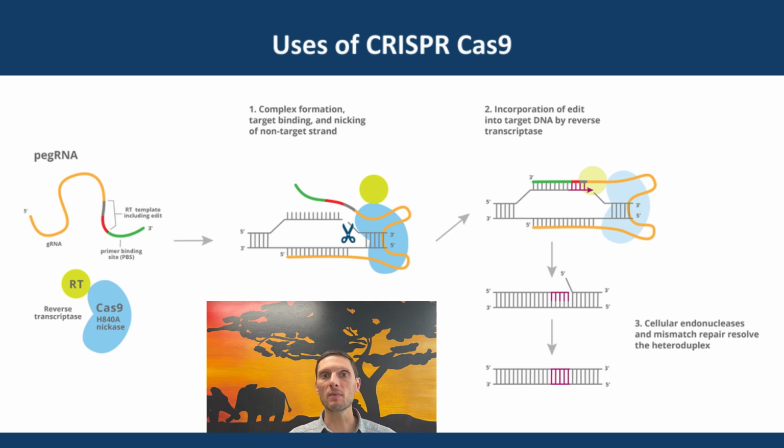The Cas9 molecule is made with modifications. Reverse transcriptase is an enzyme that is attached that can assemble a strand of DNA nucleotides that are complementary to the base sequence of the RT template, and then the endonuclease in Cas9 is inactivated, so it cuts only one DNA strand, not both of the strands.